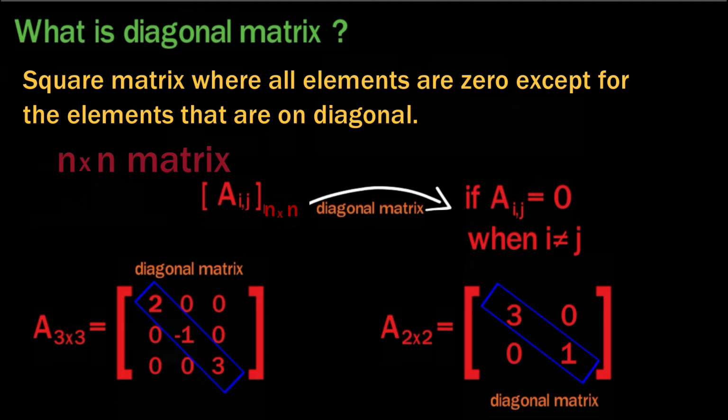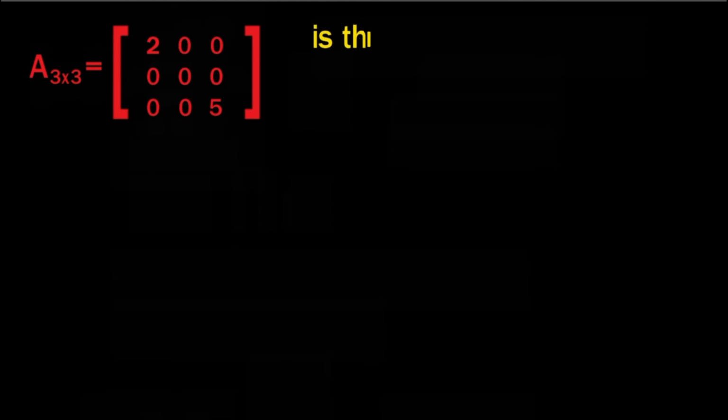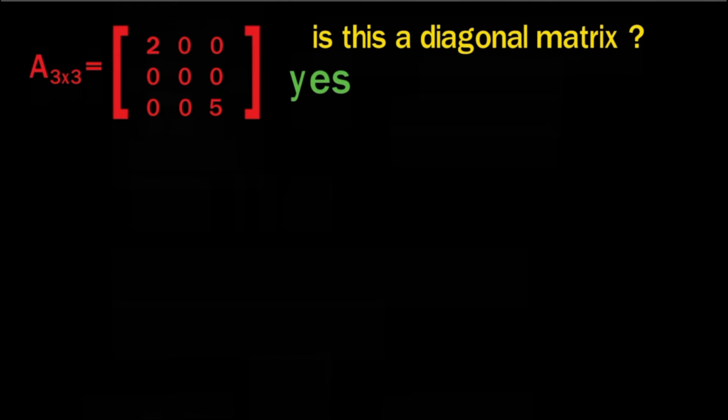Let's try to see one more example. Let's say we have a 3 by 3 matrix with 2, 0, 5 on the diagonal... and all other entries 0. Is this a diagonal matrix? The answer is yes, because to determine whether a matrix is a diagonal matrix, we first look at whether it's a square matrix, and the answer is yes.